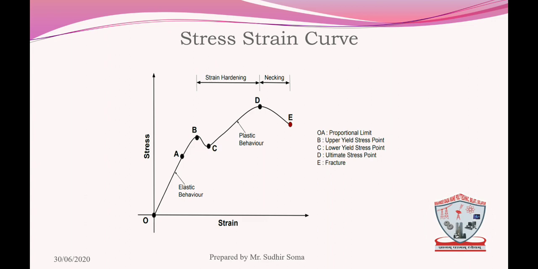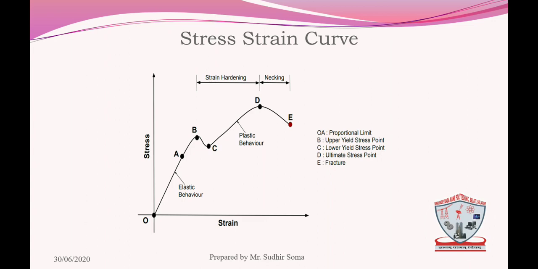Next, the elastic limit. If the load increases beyond point A up to point B, the material will regain its shape and size when the load is removed. This means the material has elastic properties up to point B. So what is meant by yield point?